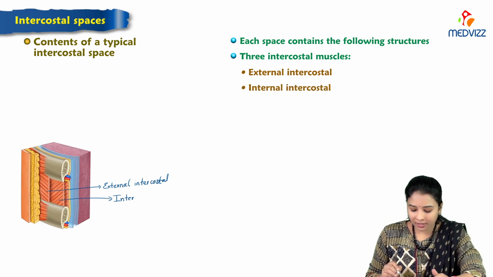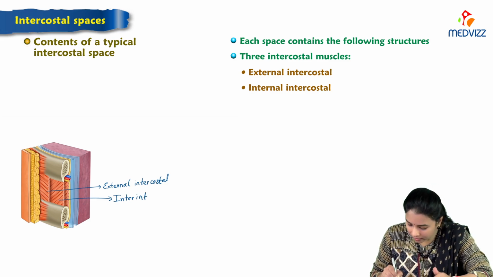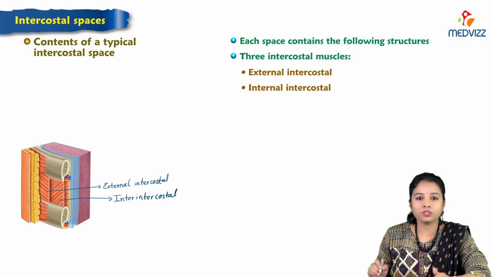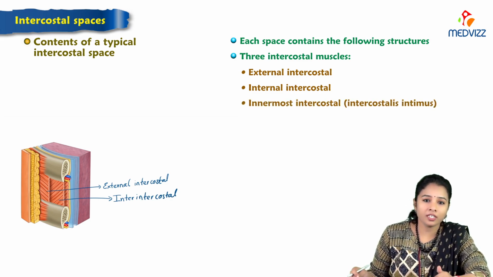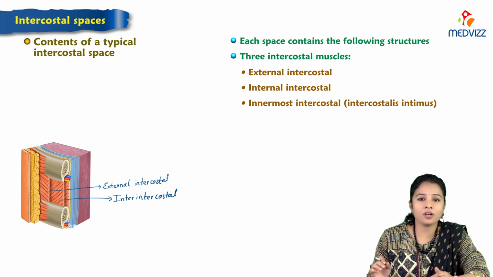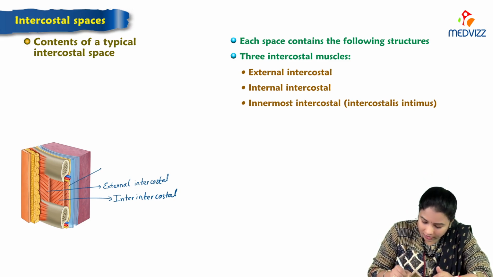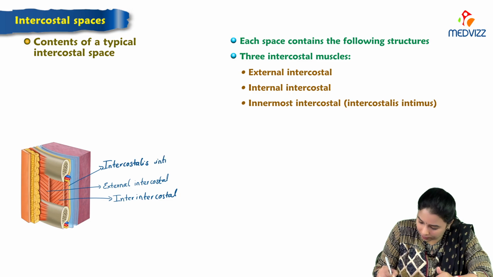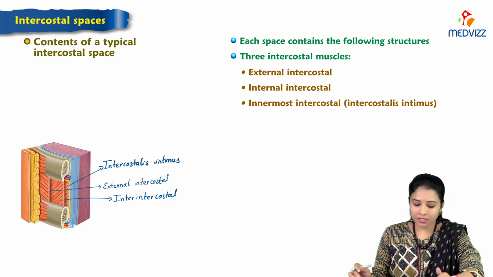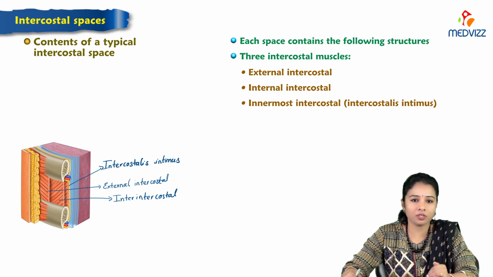After the external intercostal, the next deeper is the internal intercostal muscle, and the deepest, the third muscle, is the innermost intercostal muscle, which is called intercostalis intimus.